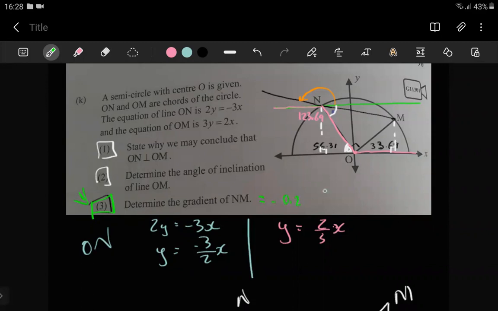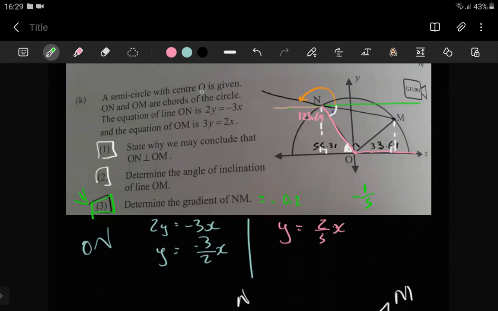Minus 0,2, that's like 20%. 20% is like 2 over 10, which is 1 over 5. So the gradient there is negative 1 over 5.